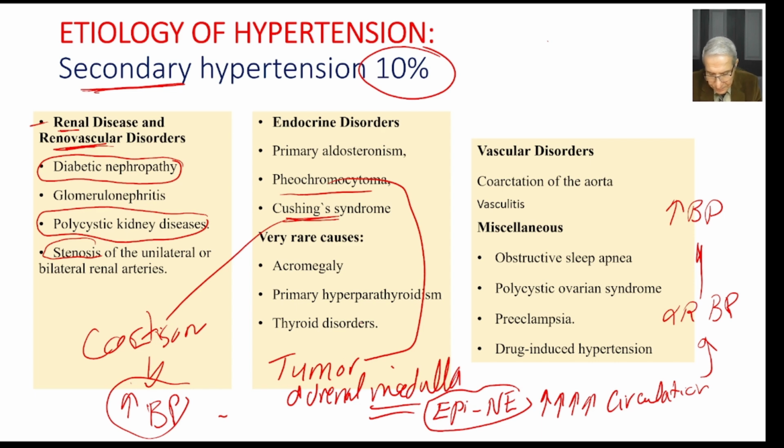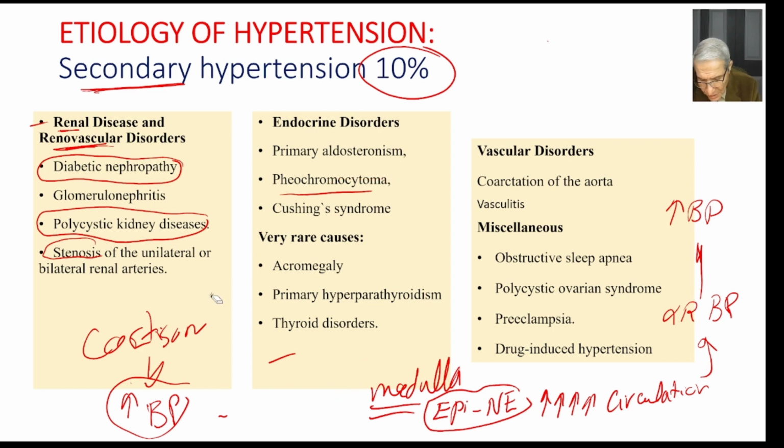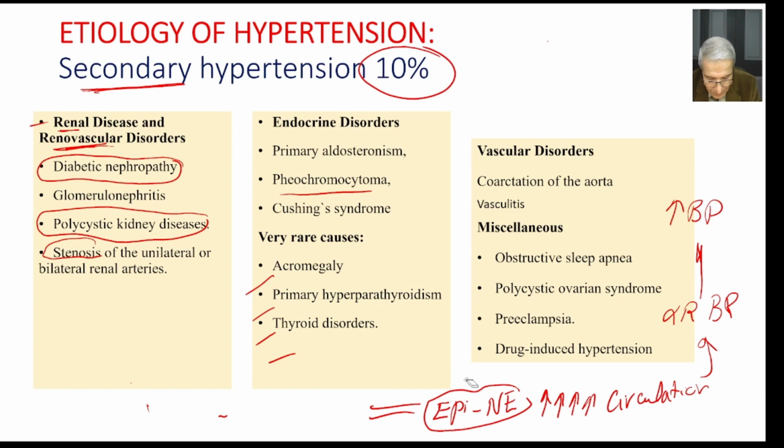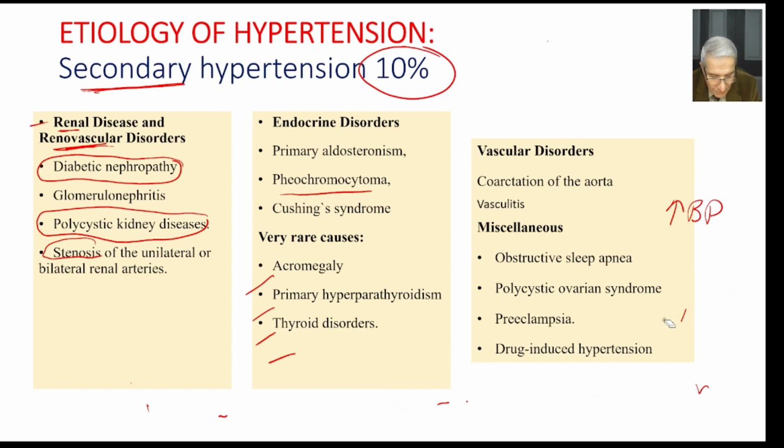We have other rare causes for hypertension. Rare causes could be acromegaly, primary hyperparathyroidism and thyroid disorder. Acromegaly is a case associated with an increased level of growth hormone from the anterior pituitary.